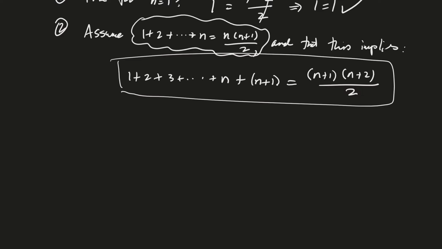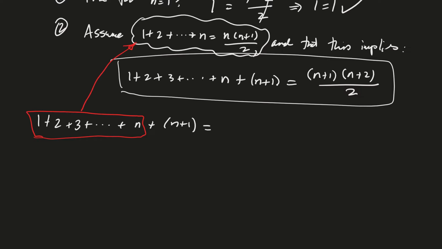Well, we start off with the left hand side, 1 plus 2 plus 3 plus up to n plus 1. And notice that I've got the first n terms here. I know from this formula that I'm assuming it's true, so I'm assuming that this is equal to n times n plus 1 over 2.